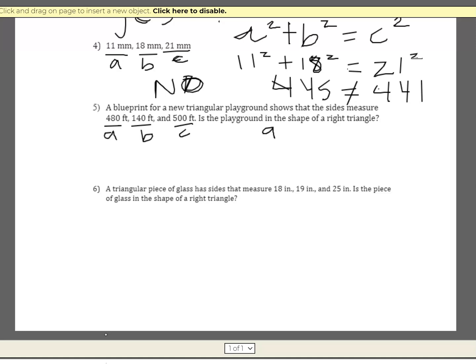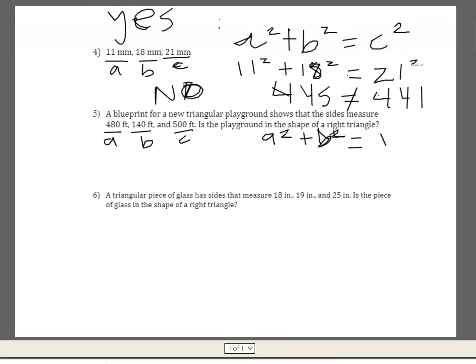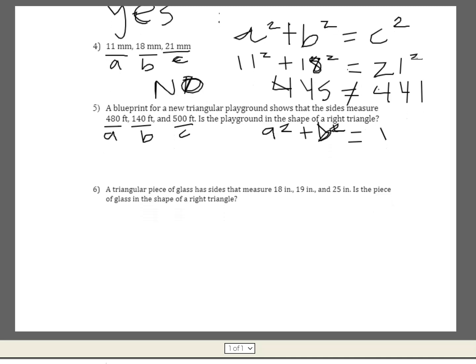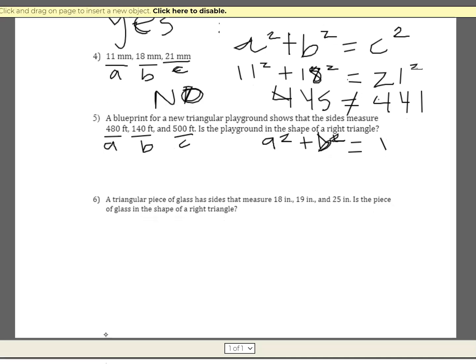So we do the same thing, a squared plus b squared equals c squared. Ooh, guys, I don't know what's happening with this. It's the program. Let me see if I can do this again.